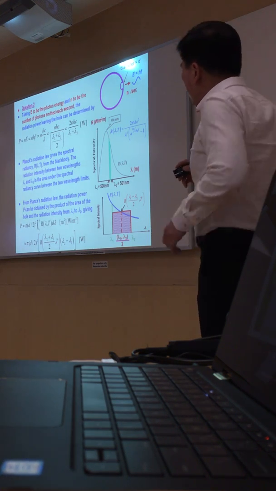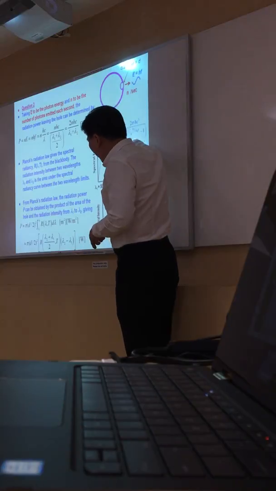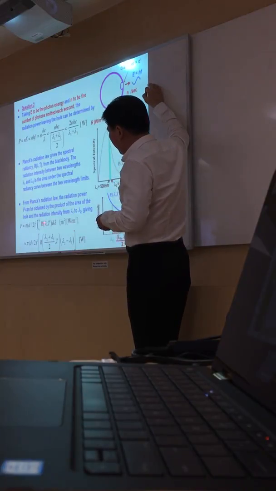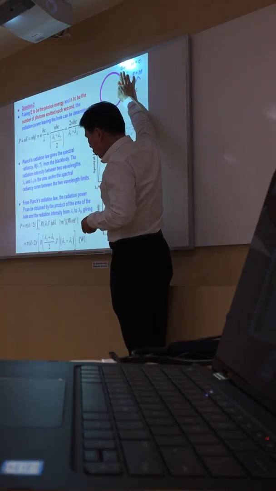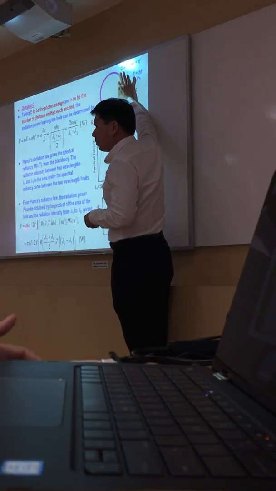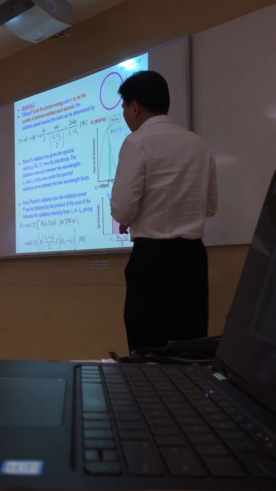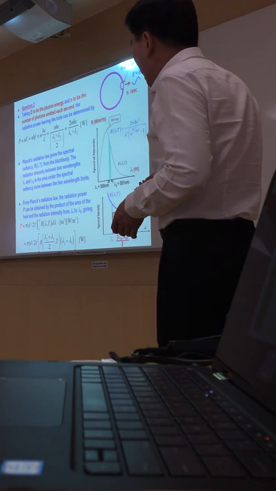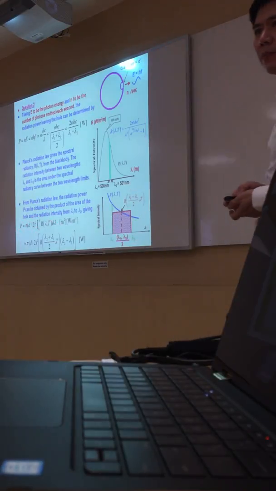But remember that here we are observing over a certain opening. So I take that power per unit area, multiply by the area of that opening, which is pi r squared, or pi diameter over 2 squared. Then that product will give me the power coming out. Are you all clear about this expression? This is the area under the curve from 500 to 501.